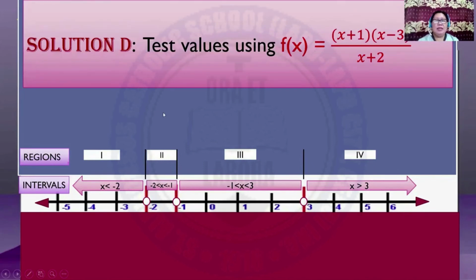Next, we have to test values using f of x is equal to x plus 1 times the quantity x minus 3 over x plus 2. Supposing we are going to choose -3 on this region, and then -1.5 on this region, 1 on this region, and 4 on this region.